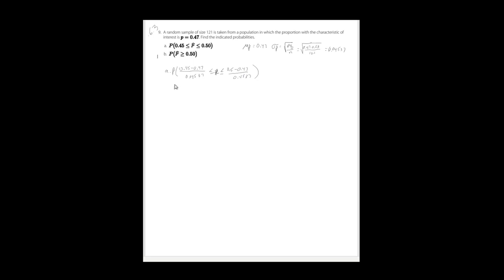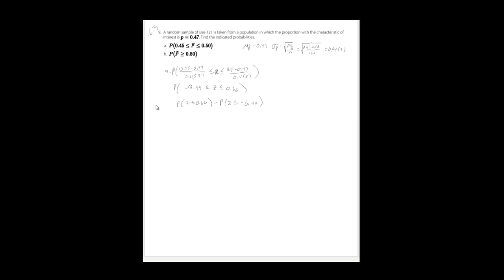So this will be 0.44 is less than or equal to z, less than or equal to 0.66. So this will be the probability that z is less than or equal to 0.66 minus the probability that z is less than or equal to minus 0.44.